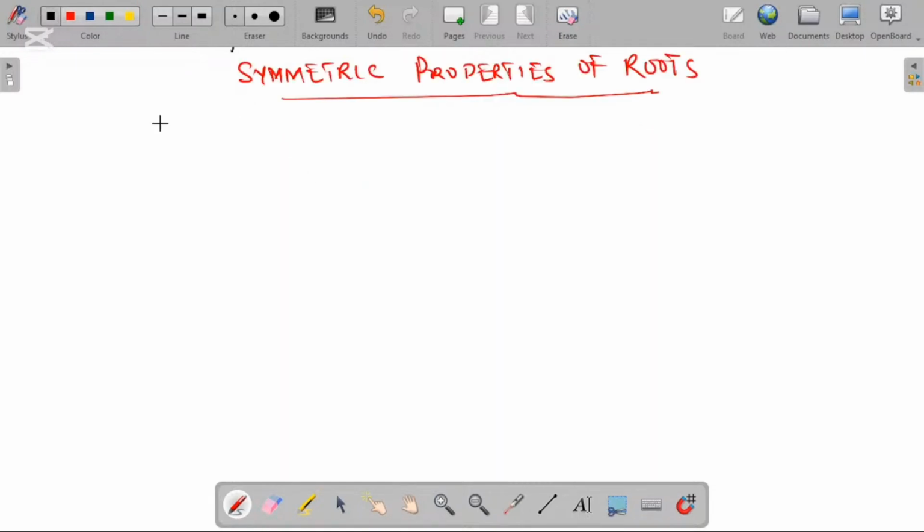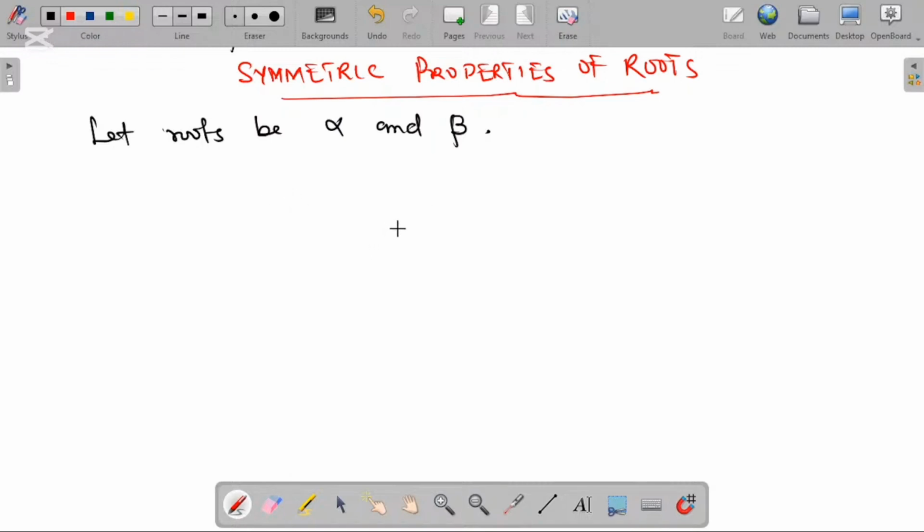Now if I have, for instance, let the roots of an equation be alpha and beta, so that you see where this alpha and beta is coming from. Your alpha is invariably representing one x, while beta is representing another x. So if alpha and beta are the roots of an equation, then from here we begin to develop some relationships.